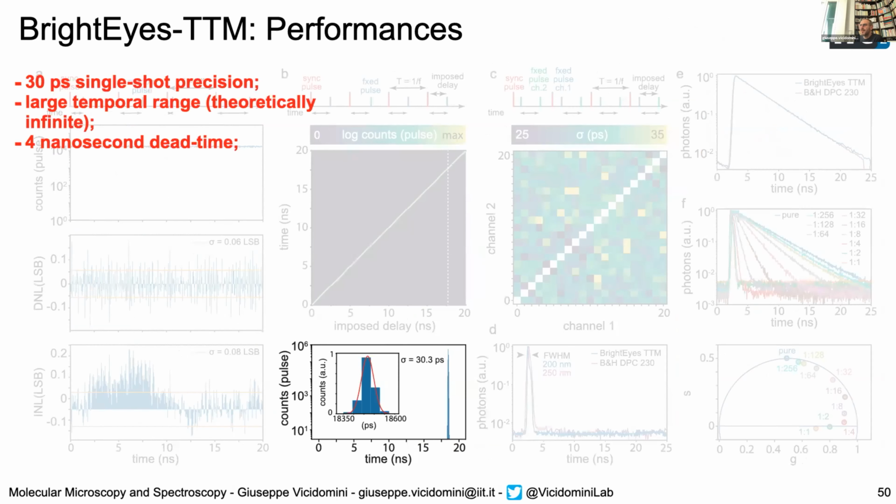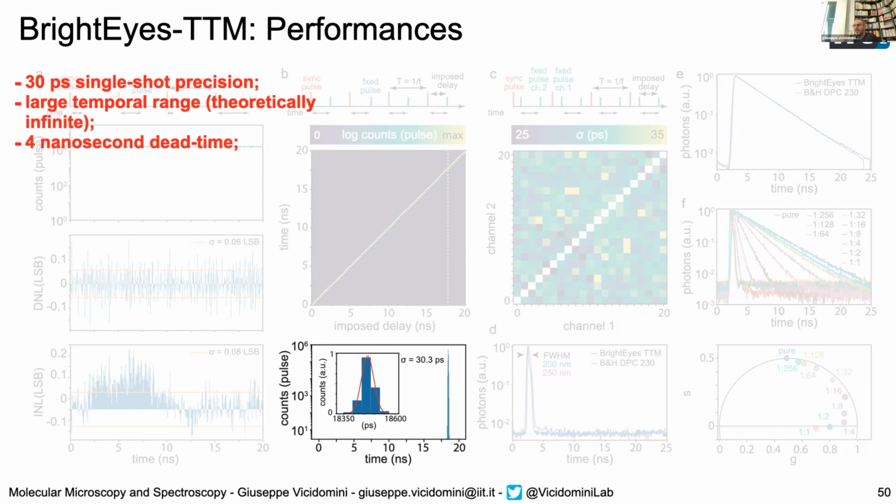A few characteristics: this is a data acquisition system that can provide you a precision of 30 picoseconds, well below the precision of the detector, which was 150 picoseconds. It has in principle an unlimited temporal range, so you can use it with any repetition rate of your laser, and it has a dead time of only 4 nanoseconds. Every time a photon is collected, the card is blind for roughly 4 nanoseconds.